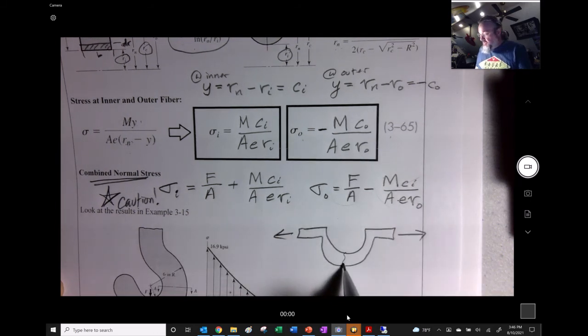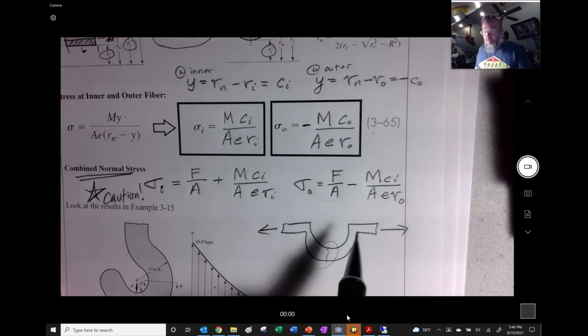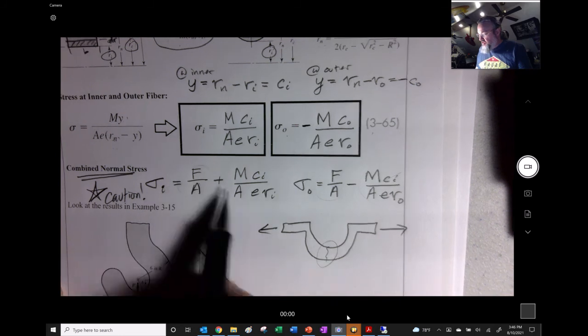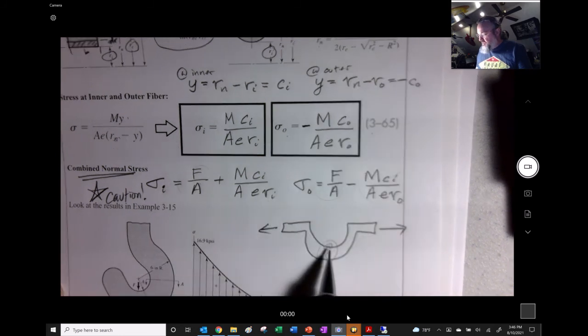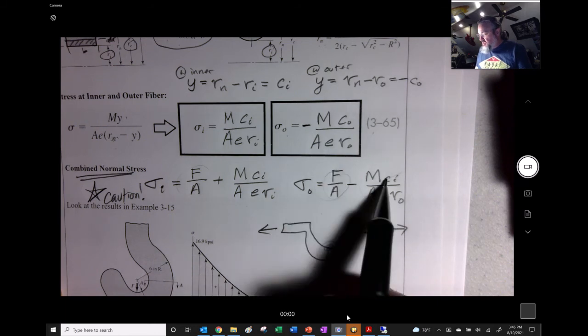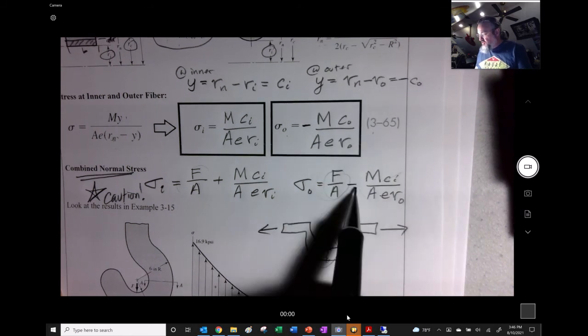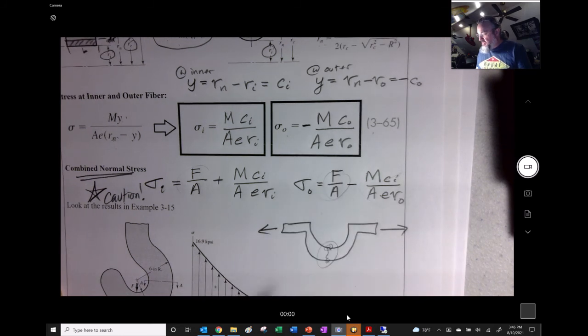So we're going to analyze that section right here for what the stress is going to be. But mind you, this was tension, and it's going to combine for the inside to create a higher stress, whereas this is tension, that's going to be compression, and so we're going to have a lower compression that's going to happen onto this guy right here.